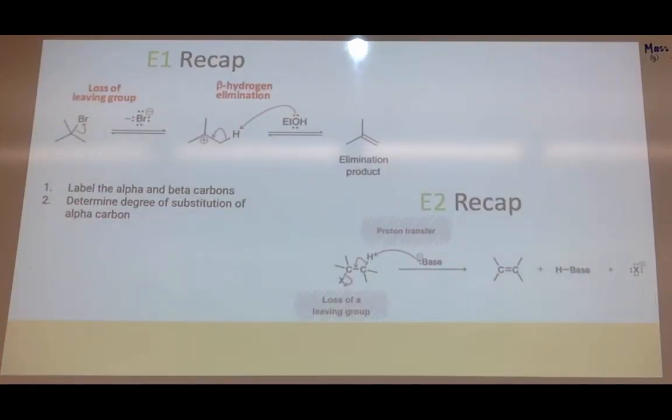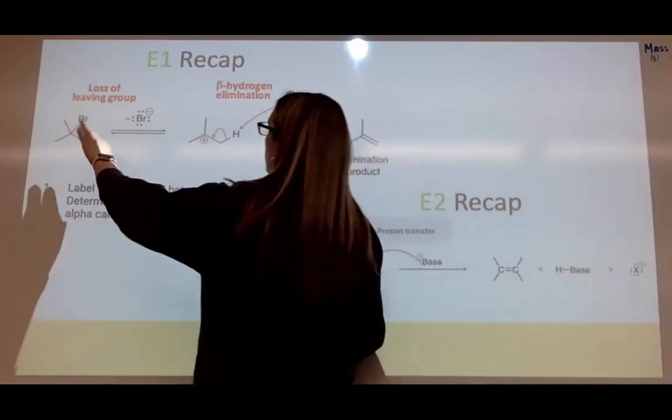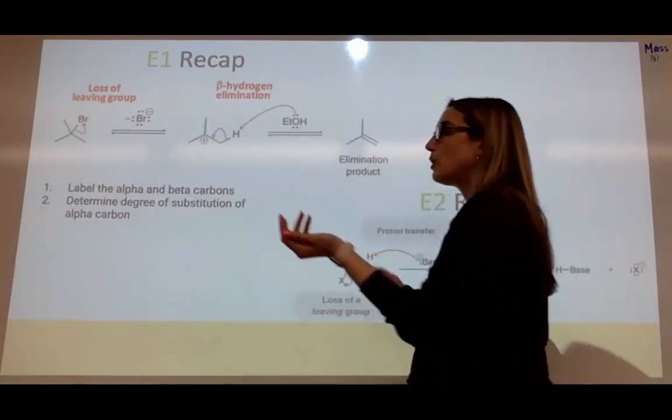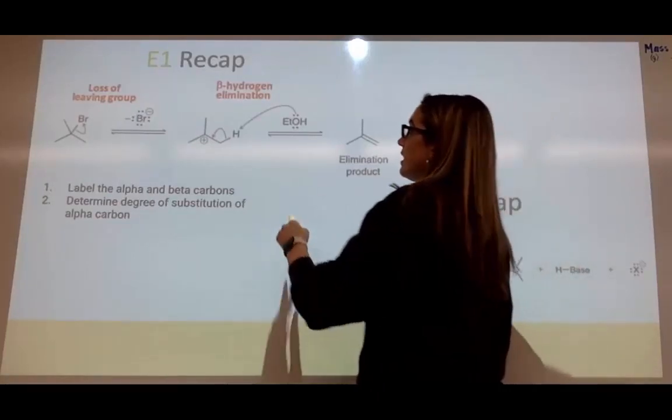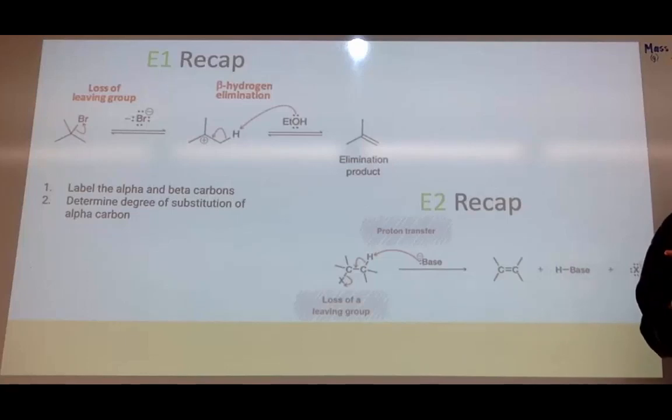So just looking at a recap of the mechanisms themselves. So E1, because it happens over multiple steps, we have our leaving group leave, very similar to what SN1 looked like. Then we just have to remember that elimination is about removing beta hydrogens.